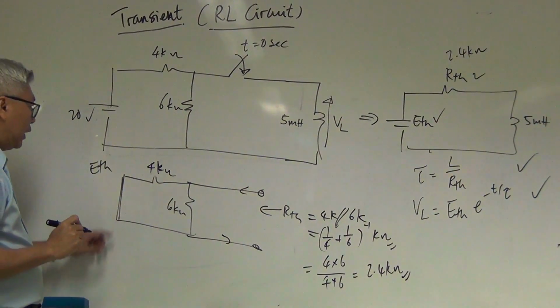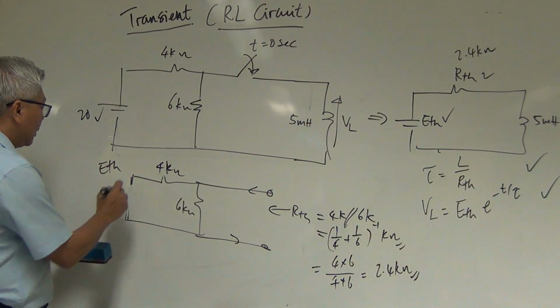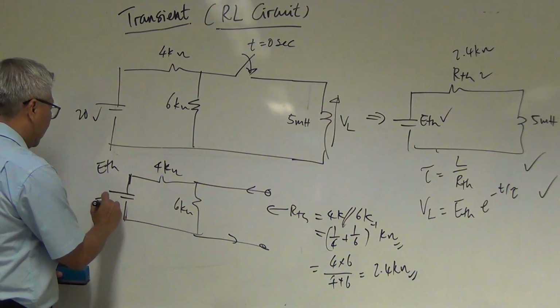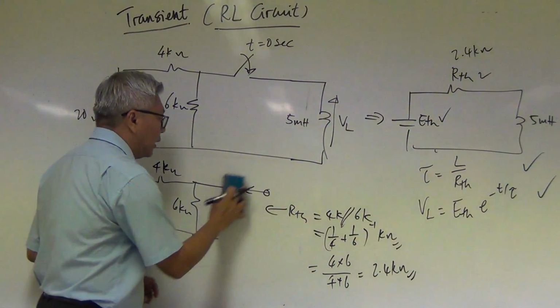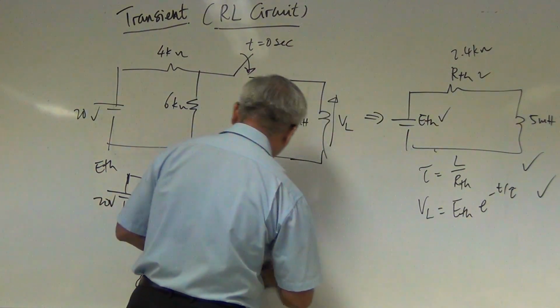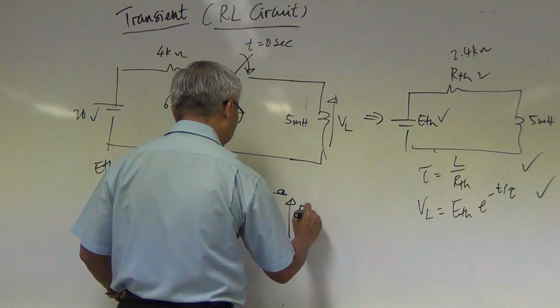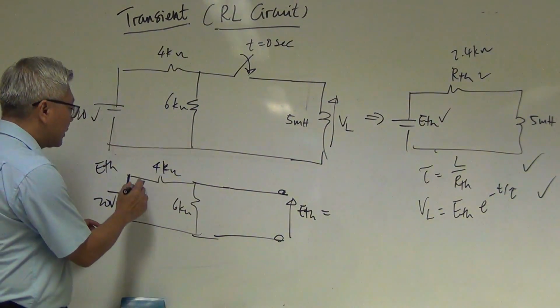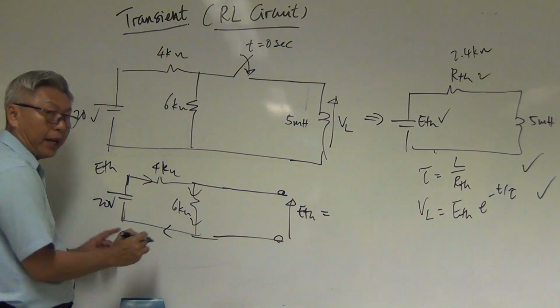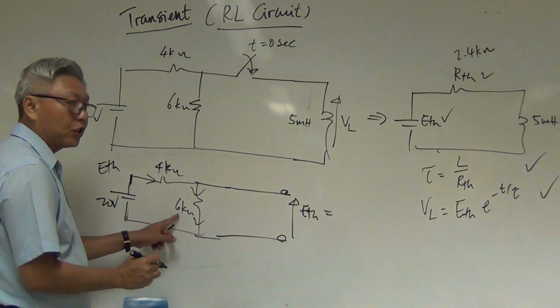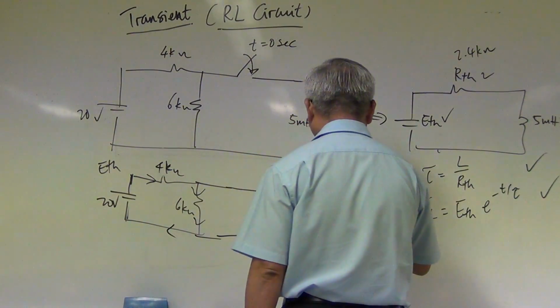To find ETH, you put back the battery, 20 volts. Then you ask yourself, what is the voltage across the two terminals? Current passes through the 4K and 6K and then comes back. So ETH is the voltage across the 6K resistor.